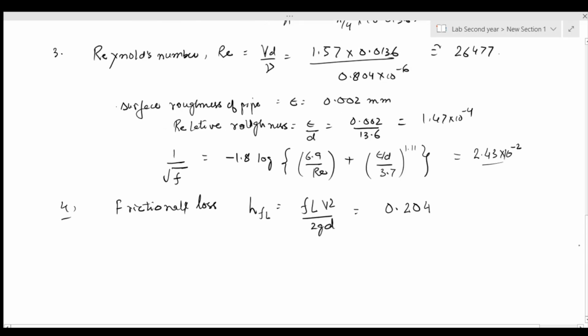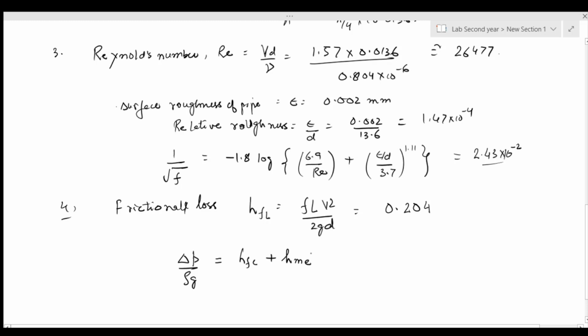Now, this overall loss, which is del P by rho g, would be due to the major loss, this hfL, plus the minor loss.